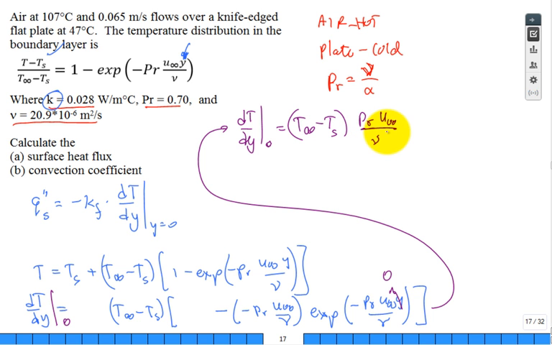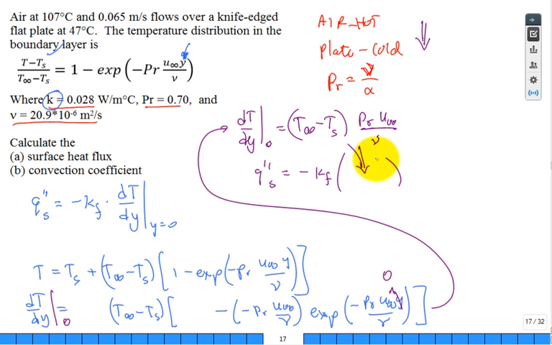We multiply that by minus k sub f to get the surface heat flux, and then all of this. Now, will I get a negative q double prime? What does that mean if it's negative? Well, it's flowing from the hot fluid into the cold plate instead of the hot plate into the cold fluid. The sign even works. Okay. All right.